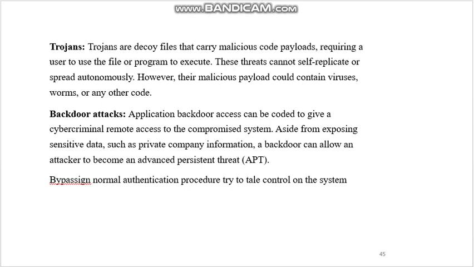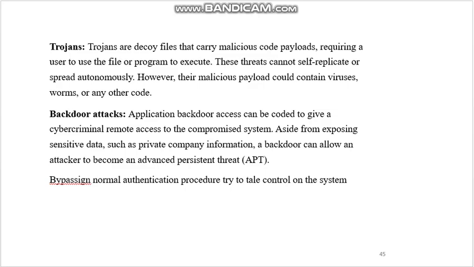Then the next malicious code is Trojans. Trojans are decoy files that carry malicious code payloads requiring the user to use these files or the program for execution. These threats cannot self-replicate or spread autonomously. However, their malicious payload could contain viruses, worms or any other code.